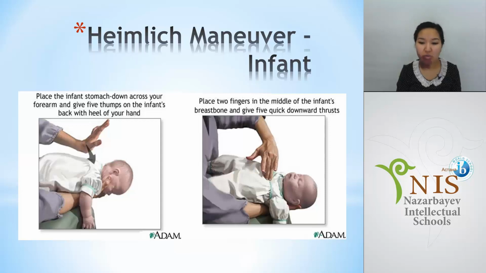Another way: place 2 fingers in the middle of the infant's breastbone and give 5 quick downward thrusts. Here you can see how we can do it with a baby in the first way and in the second way.